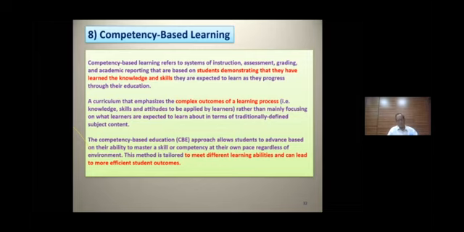Now, in competency-based learning, the outcome will be a complex competency, and that complex competency must be divided into simple rules and simple concepts, and students must be exposed to all those competencies.